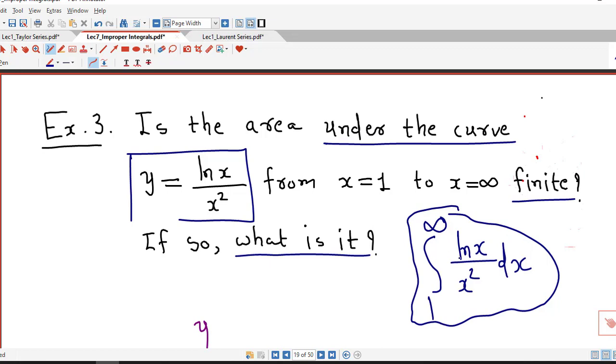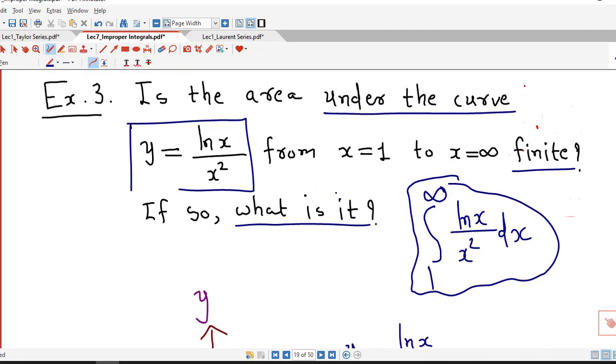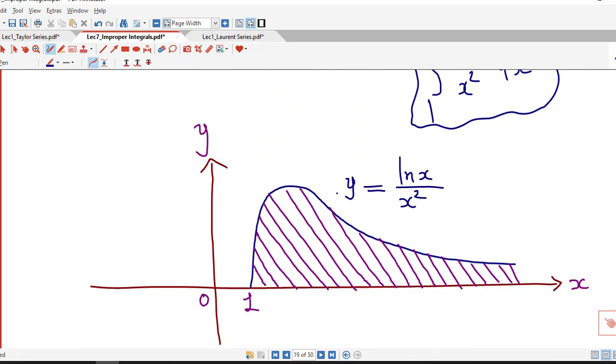If it is convergent, then its value is nothing but the value of area under the curve from x equal to 1 to infinity. So here I have given a rough sketch of this curve y equal to log x by x square from 1 to infinity.